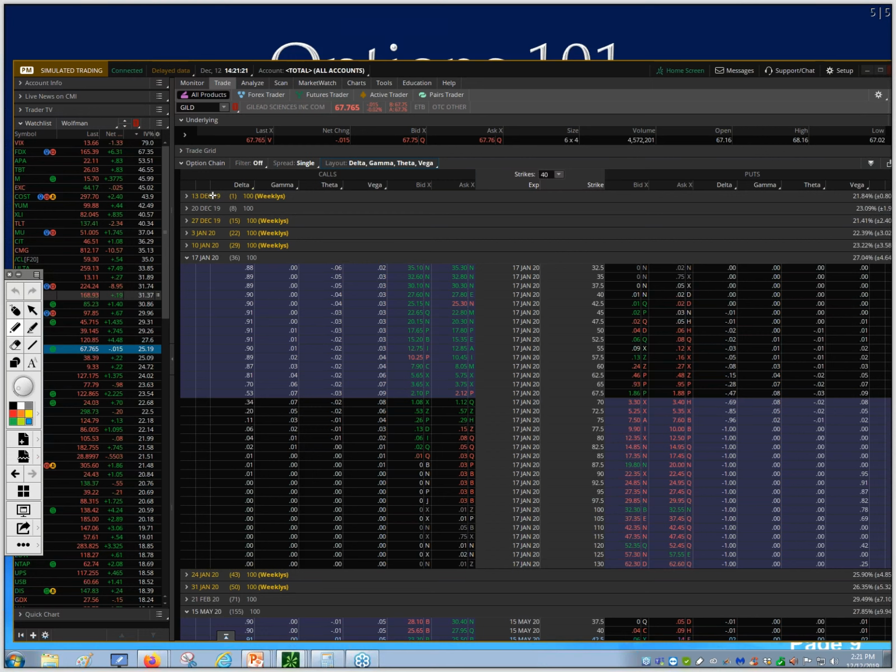But what that first dollar move means, whether it's higher or lower, okay? So if Gilead goes from $67.76 up to $68.76, what that's telling us is that down here in these option premiums, this delta, 34 cents, will increase our premiums by 34 cents.